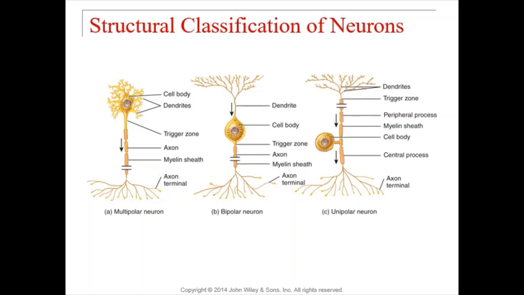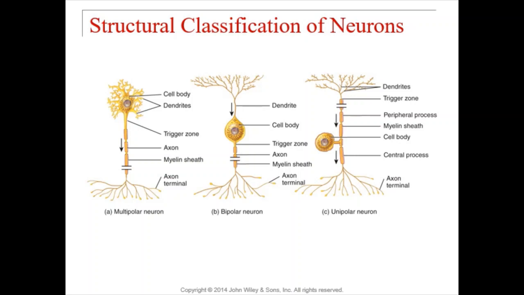We call these extensions processes. So in a unipolar neuron, the axon and dendrites fuse into one long process or one long extension. So those are your structural classes. One more time. You have one axon and multiple dendrites? Well, you're a multipolar. One axon and one dendrite? Bipolar.